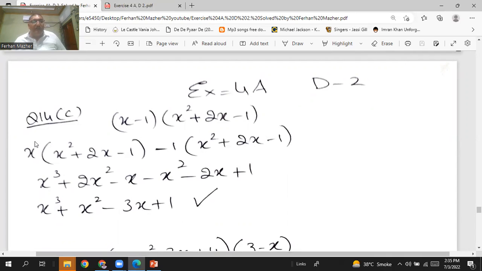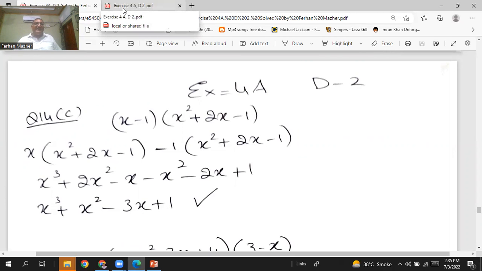When this x will multiply with these terms, you get x cubed plus 2x squared minus x. When this minus 1 will multiply with these terms, you will get minus x squared minus 2x plus 1. Rearrange them and bring the like terms together. You will get x cubed plus x squared minus 3x plus 1. So this is how you do question number 14C part.